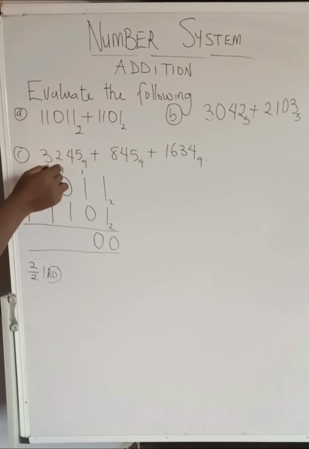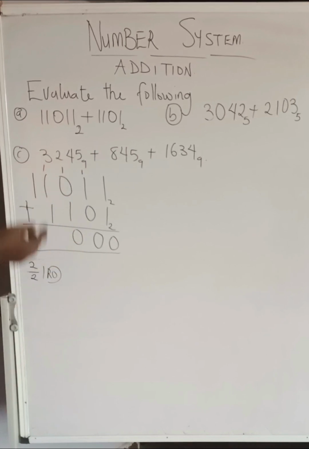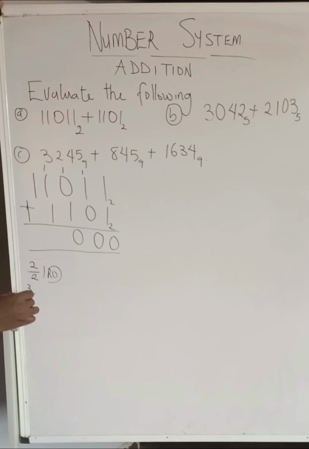Right? So now again we have 1 plus 0 is 1, 1 plus 1 is 2, and again we have our 0 here, we carry our 1 here. Right? So now we have 1 plus 1, 2. 2 plus 1, 3. So we now have 3 divided by 2. 3 divided by 2 will give us 1 remainder 1. We carry our 1, right?